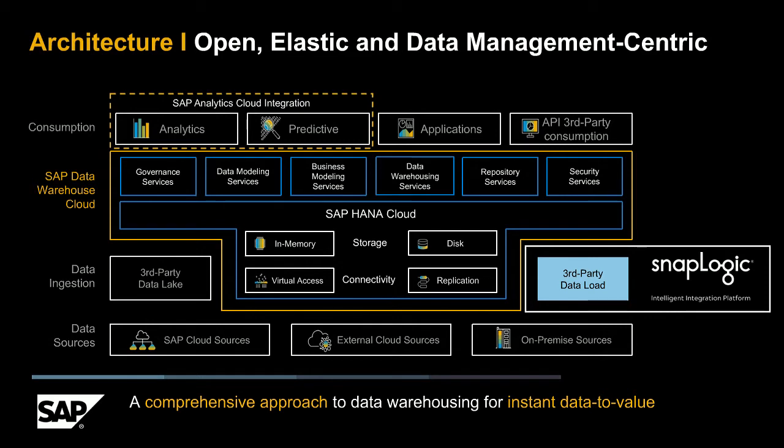I mean, SnapLogic is a leader in the Gartner quadrant for integration platforms, and we're really proud that they work together with us and that, if you are a SnapLogic customer, you can basically have Data Warehouse Cloud as your target, which also means that if you already invested in your Snaps, you can basically reuse them and bring your data into Data Warehouse Cloud, where you then can marry the data with SAP data, for example. And yeah, we'll later also have a demo where you can see that.